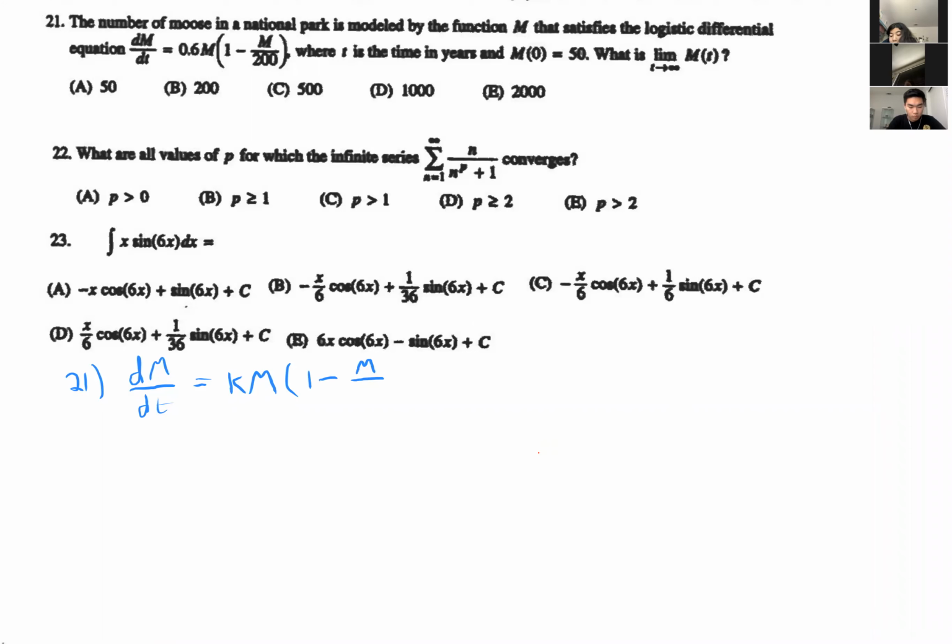Did I say C? I think I used M. I'll use C for the carrying capacity.